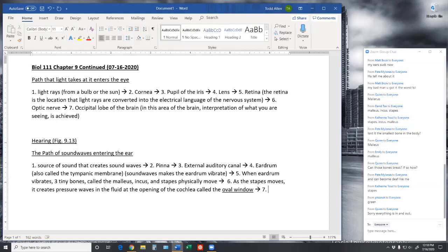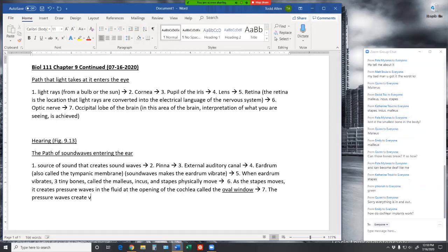So you have these pressure waves creating a sort of vibration in the liquid of the inner ear. Number 7, the pressure waves create vibrations in the fluid of the cochlea.